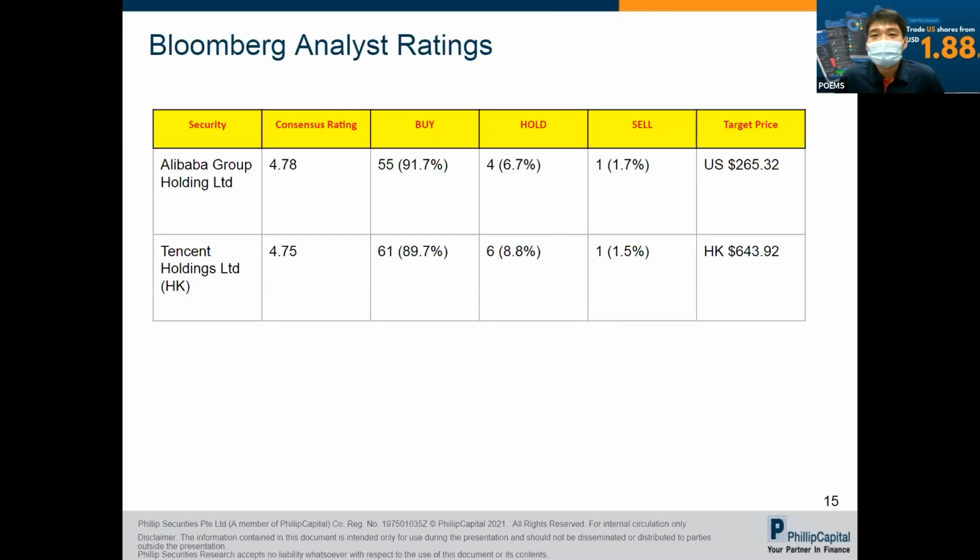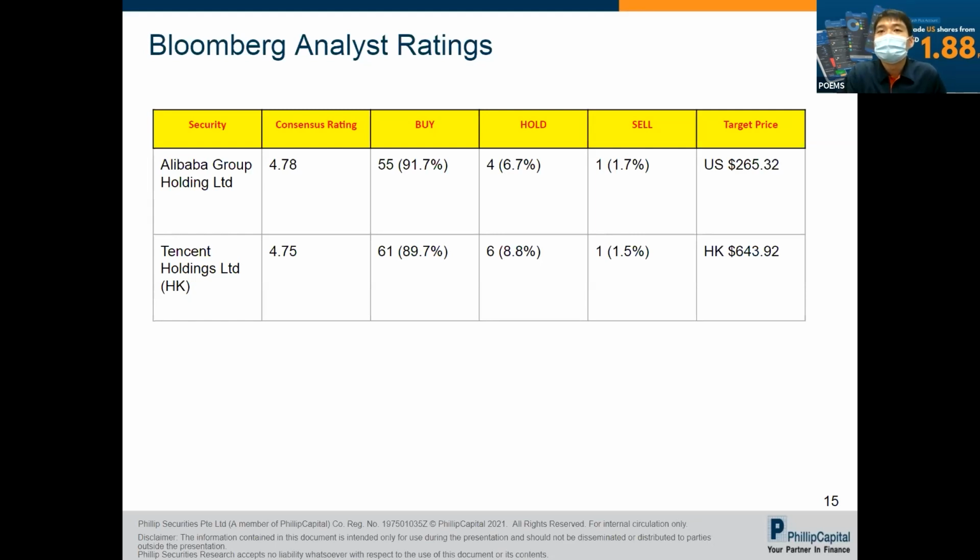For those who don't know, Evergrande is one of the biggest property developers in China, and the property sector in China holds about 25% of China's GDP. The Evergrande issue is such a big thing because they are over-leveraged. They have lots of debt, and they are not able to pay the interest coming due by the end of this month.